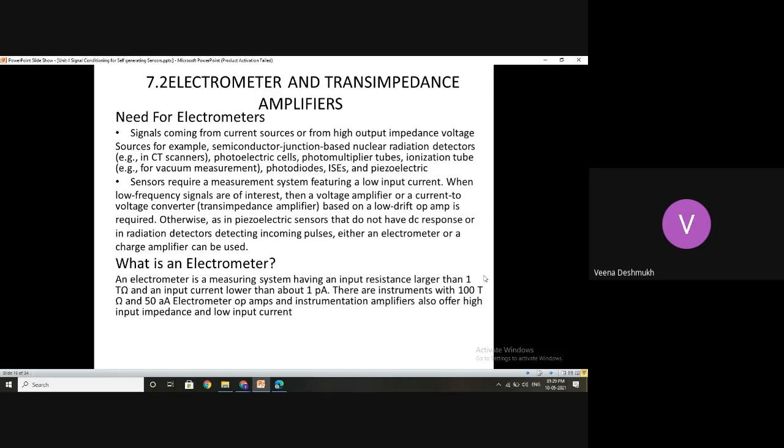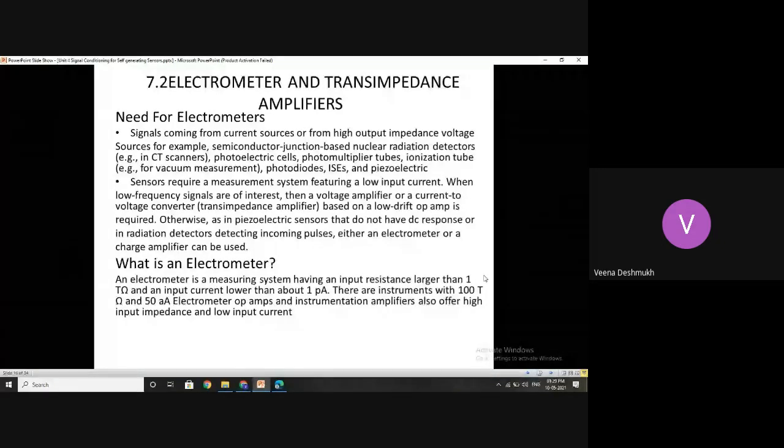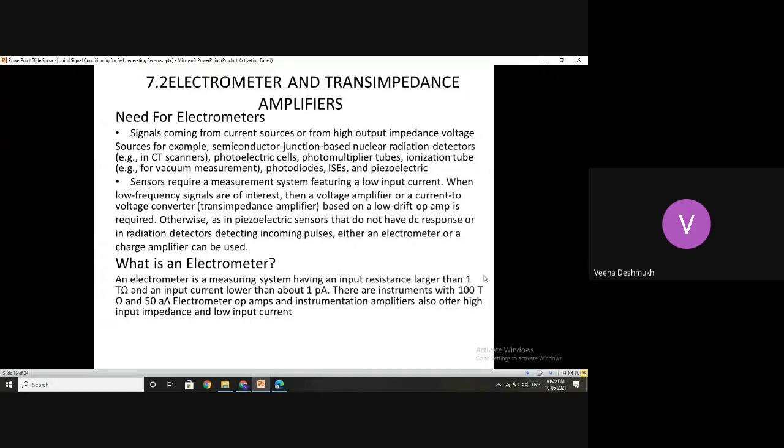So we have to take help of current to voltage converters or these transimpedance amplifiers. So to sense low value currents and condition those low value current signals, we use electrometers.